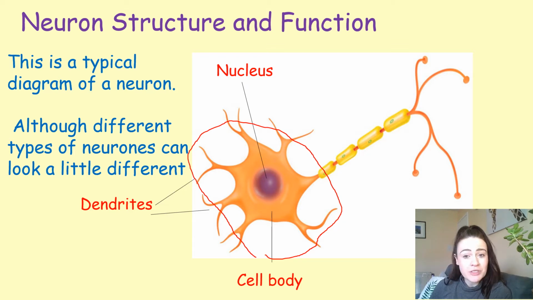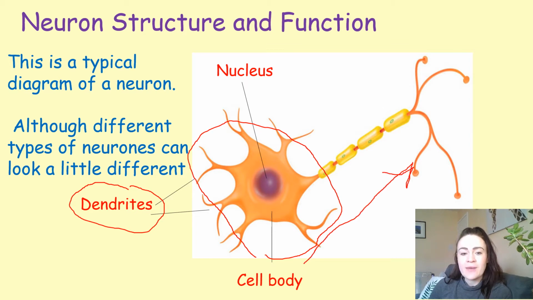Now what's important to note is that we're starting our signal here at the dendrites, where the chemical messages come and bind, then the message travels down the neuron in this direction, which is why we are labeling our nerve cell from that direction.